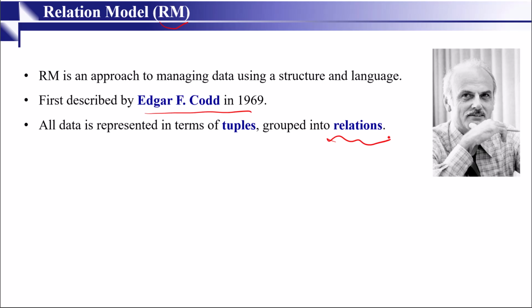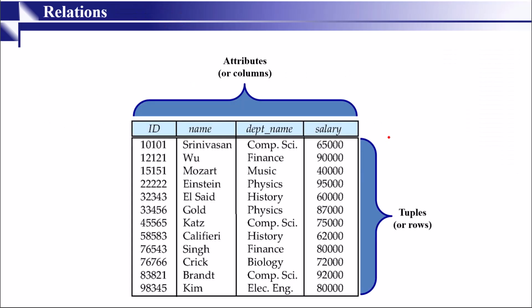This approach provides a systematic way to store, retrieve, and manipulate data, forming the basis of modern database systems like SQL. We introduce two key terms here. One is relations and attributes. A relation is essentially a table that holds data, and attributes, as you can see here, like ID, name, salary, department name, these are the columns of our table.